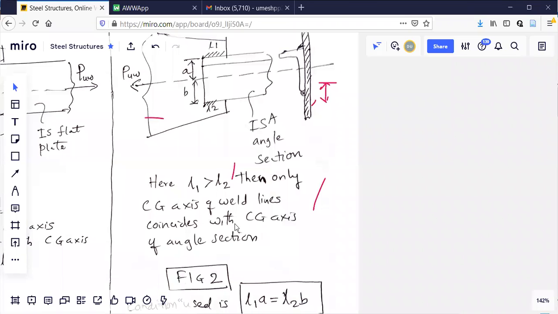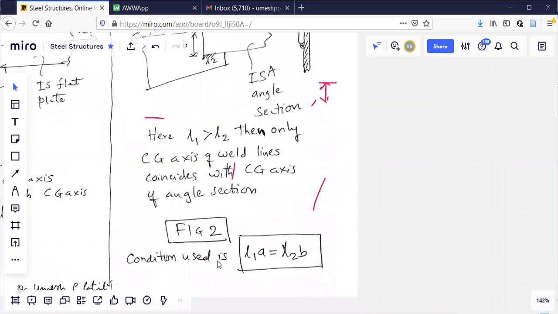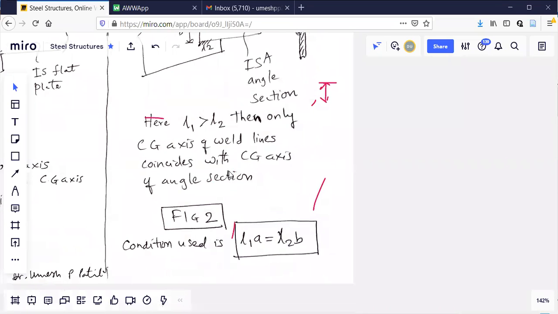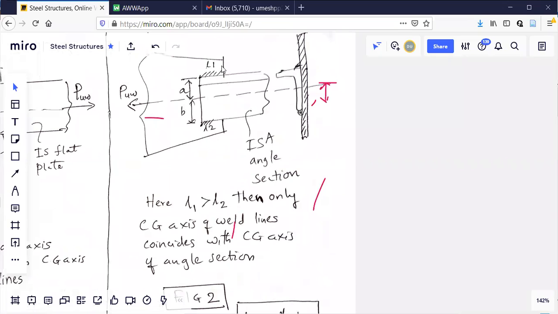A is smaller than B. If that is the case, one simple formula is there, whether it's A or B: L1 into A is equal to L2 into B. L1 into A is equal to L2 into B. Moments produced about this axis.